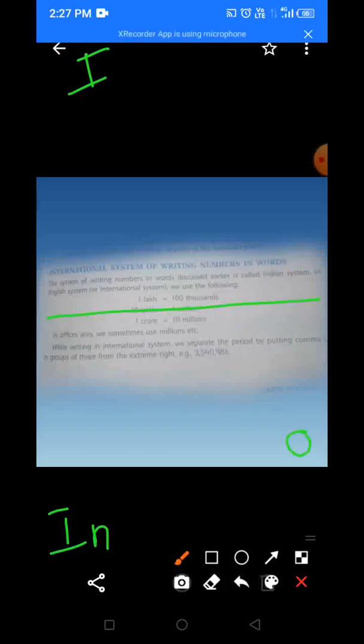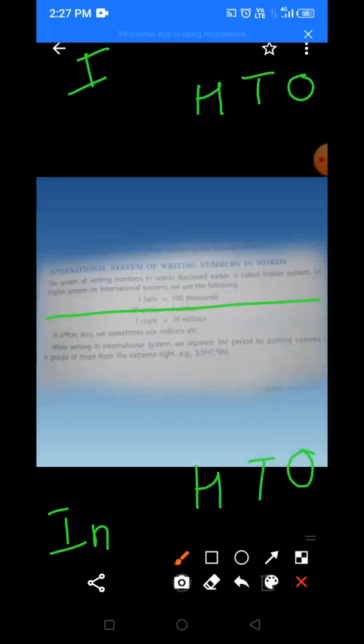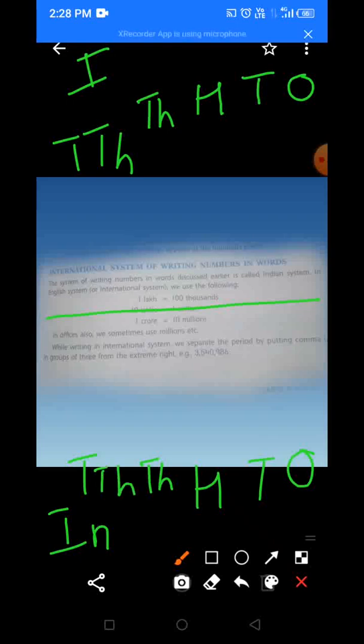Here we will start ones and ones. Then you have the tens. Then 100. Okay, these are the same. Then you have 1,000. Here also it is 1,000. Then you have 10,000. Here also you have 10,000.